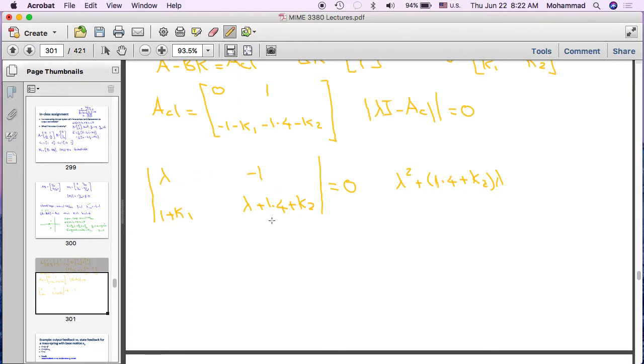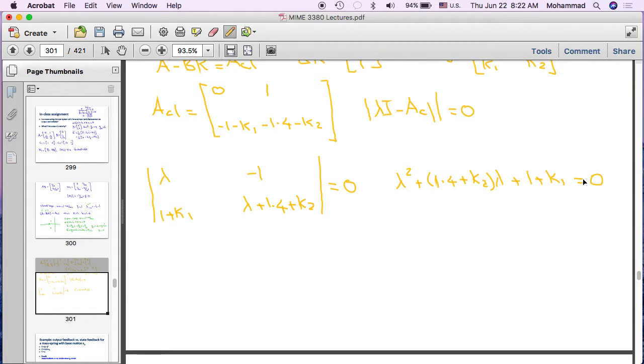So multiplying lambda by this, you get these two terms, and then it's multiplying these two off diagonal terms and subtracting them, which will give you a plus sign. So plus 1 plus k1 equals 0. That is the characteristic equation. Okay? Any questions so far?